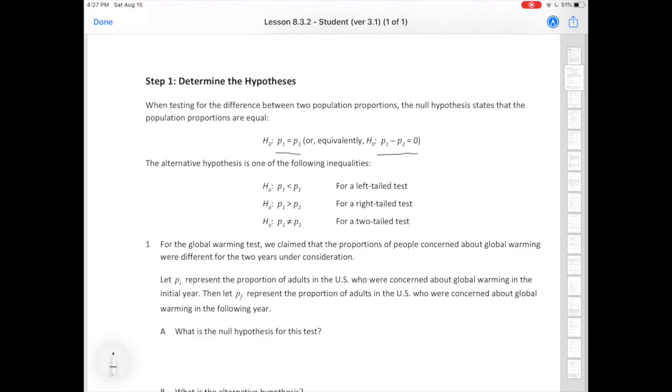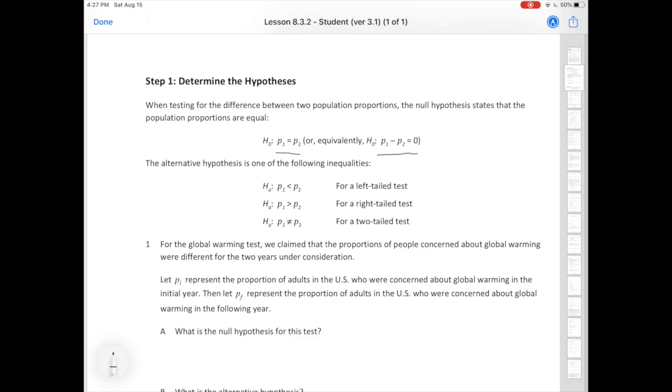What about the alternative hypothesis? The alternative hypothesis, remember, is one of the following 3. It's P1 is less than P2, P1 is greater than P2, or P1 is not equal to P2. If you use a less than symbol, it's going to be a left-tailed test.